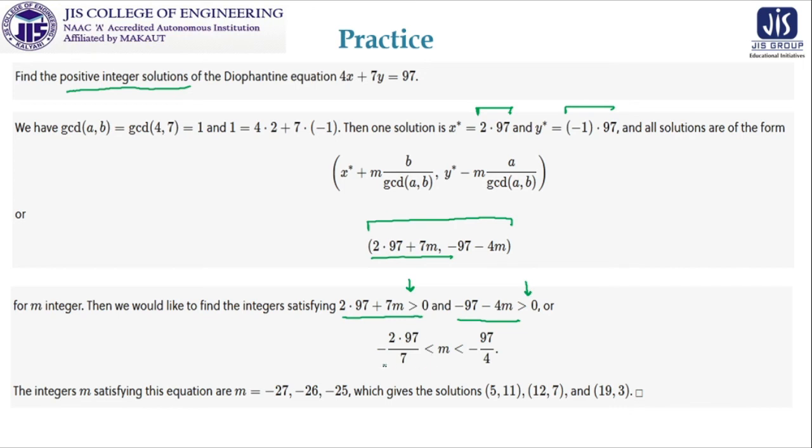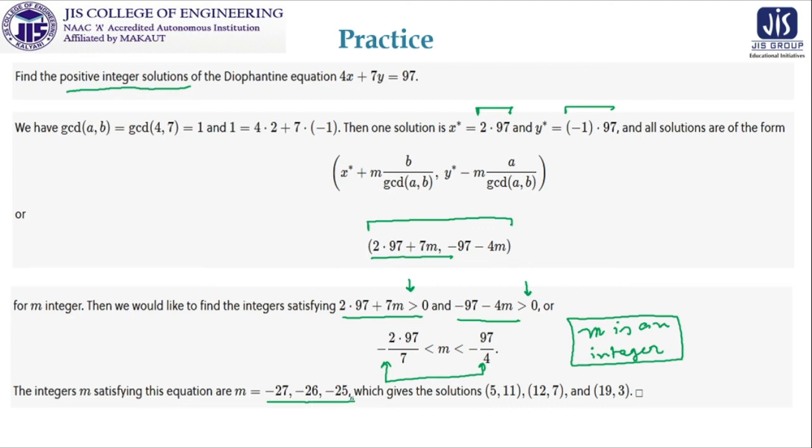So you are getting the range of m in fractions, but you know that m is an integer. In this inequality you can find out the possible values of m, and the possible values of m are minus 27, minus 26 and minus 25. Only these three.